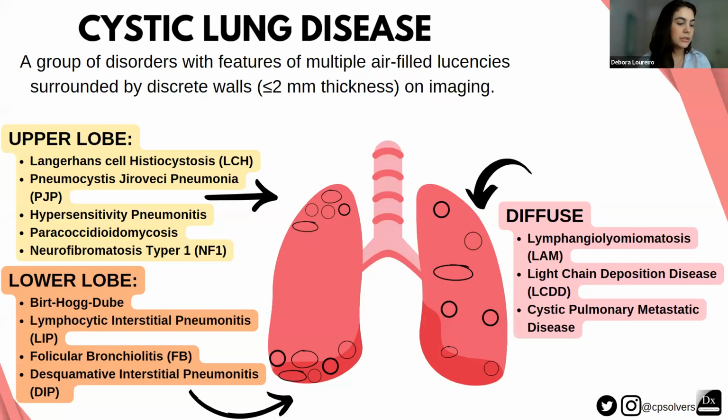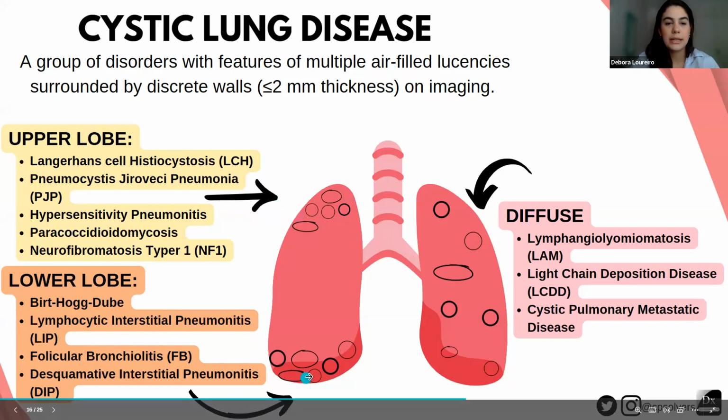Paracoccidioidomycosis is in people who live or work in rural South America. That is not the case. Neurofibromatosis type 1 is normally diagnosed in childhood, and the patient has lesions on the skin. So not anything that our patient presented.